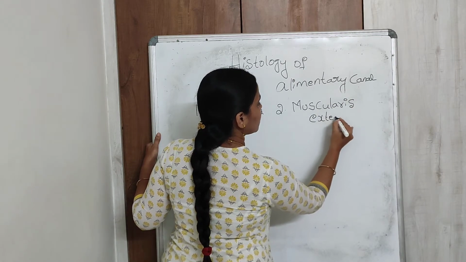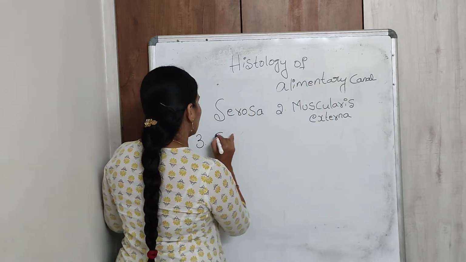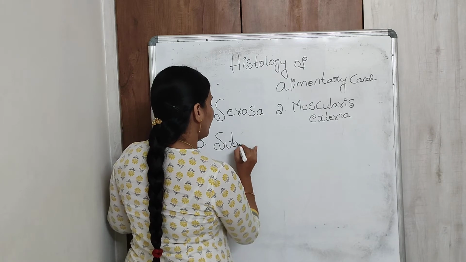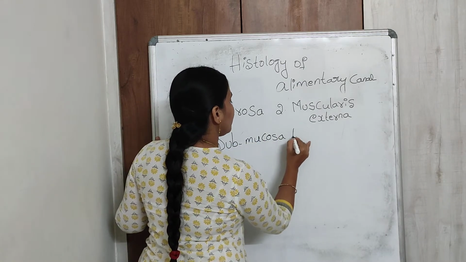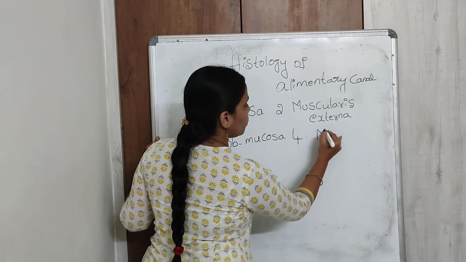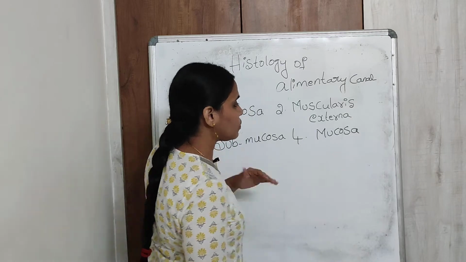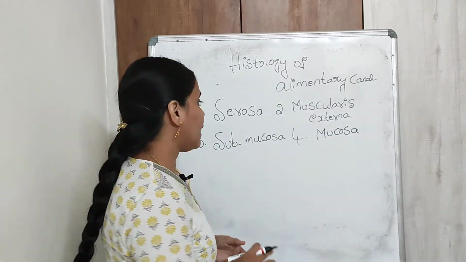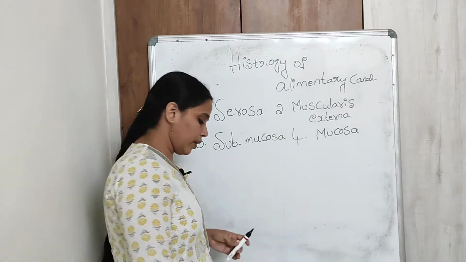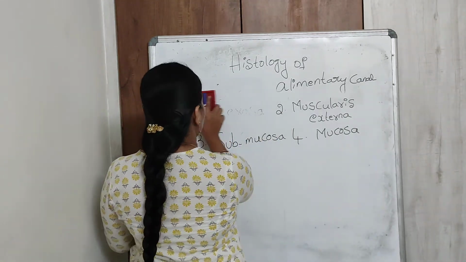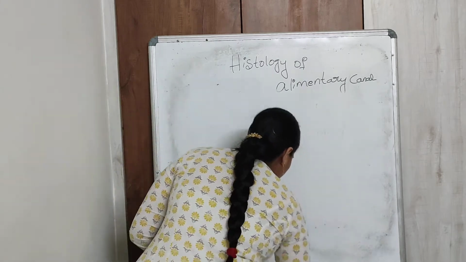The third layer is submucosa. And finally the 4th one is mucosa. So these are the 4 different kinds of layers present around the alimentary canal. Let's discuss each and every layer in today's class. Serosa.